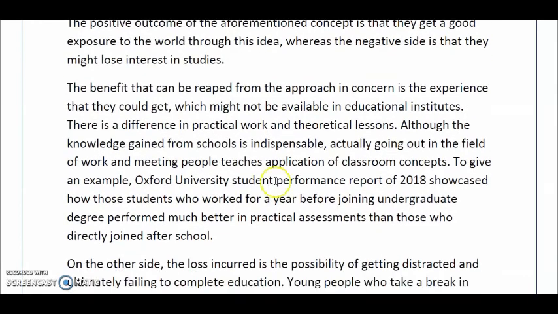Another example is, although the knowledge gained from schools is indispensable. So if I only tell you this much and then I stop, it does not really give you a proper meaning and it seems incomplete. So the knowledge gained from schools is indispensable is a subordinate clause.